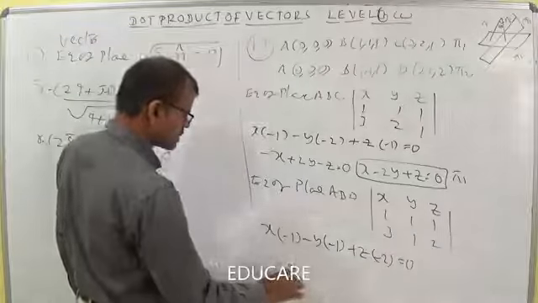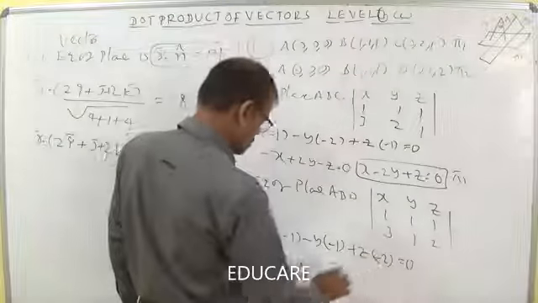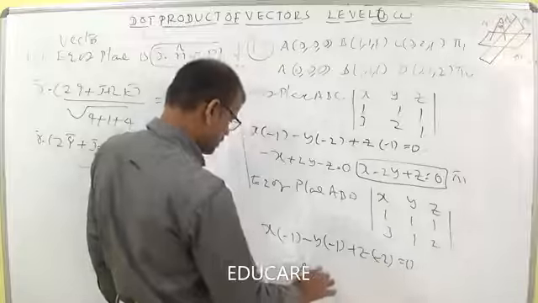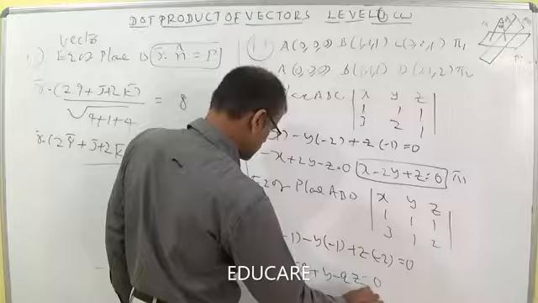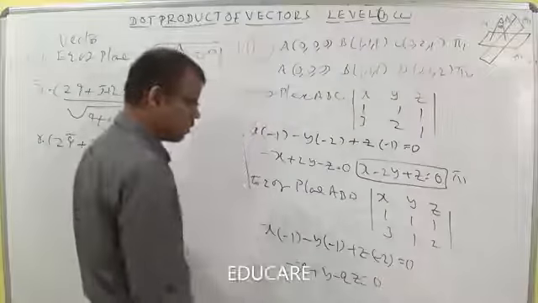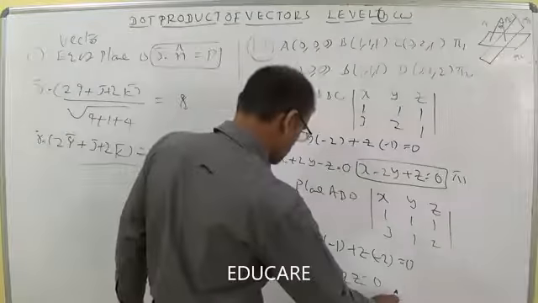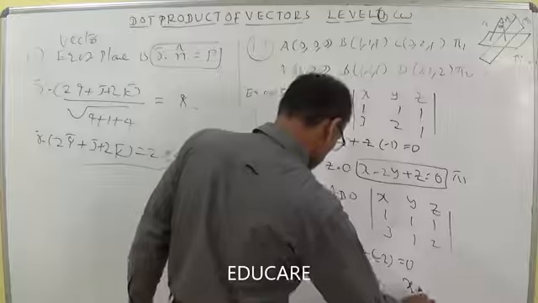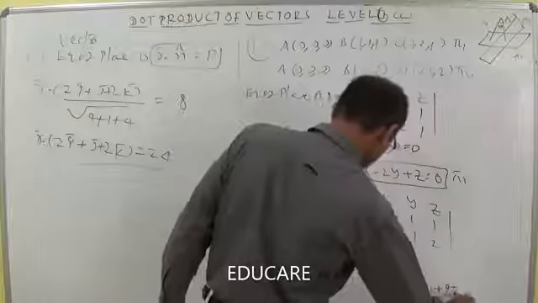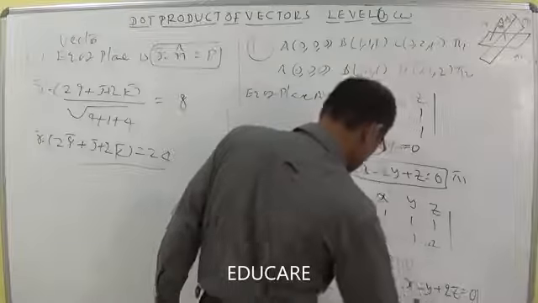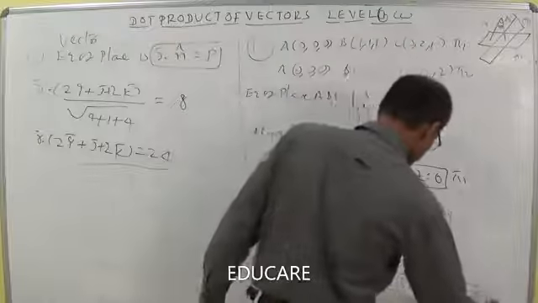Now minus x minus y minus 2z, just a constant change between the two planes. Multiplying with minus, we get x plus y plus 2z equal to 0. This is pi 2.